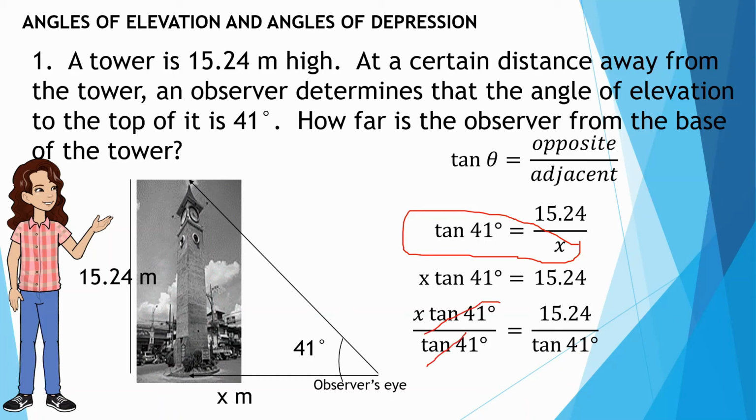So x is equal to, press your scientific calculator, 15.24 divided by tangent 41, and you will get 17.53 meters. That will become the distance of the observer to the base of the tower, 17.53 meters.